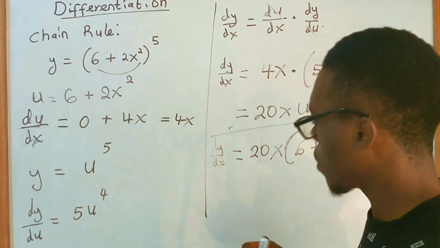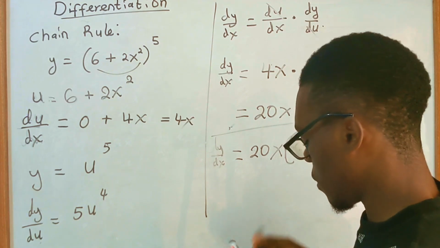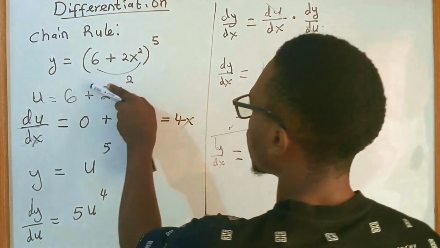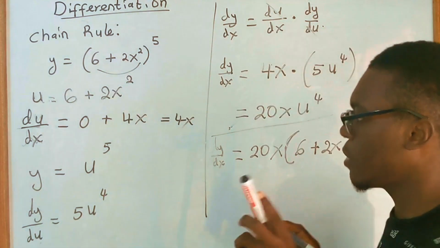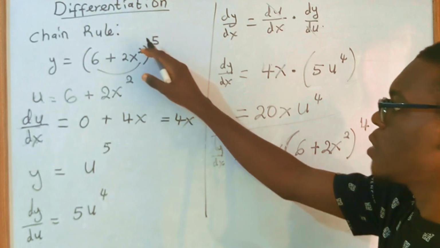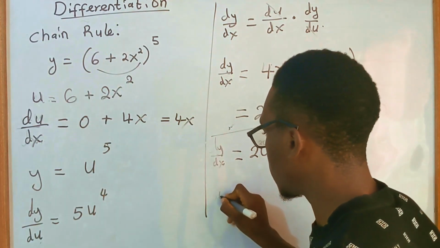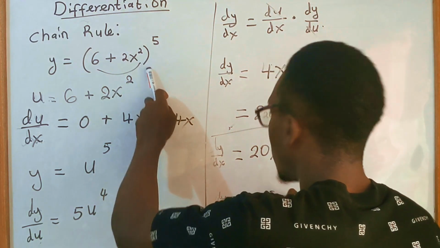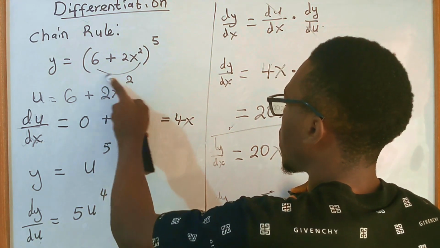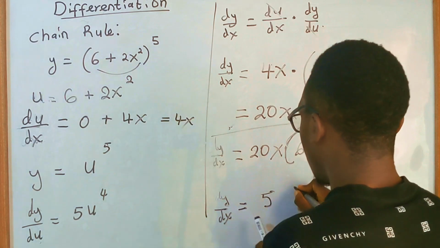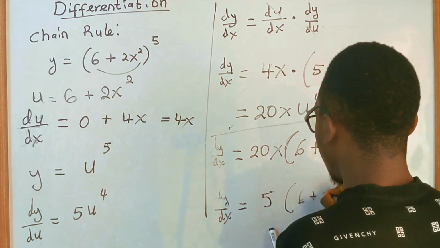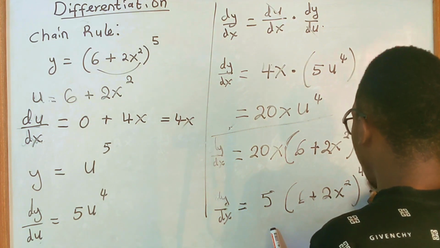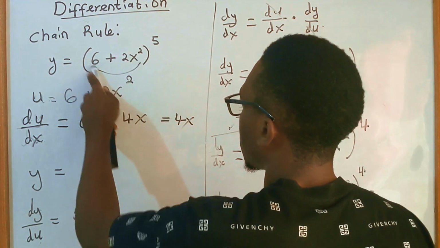Hence, let me show you another method that you could use to differentiate this. The first thing you have to do: since you have everything to the power 5, you first use the power rule by differentiating. You have dy over dx is equal to 5 times what is inside here, (6 plus 2x squared) to the power 5 minus 1, that is 4, times the derivative of what is inside here.